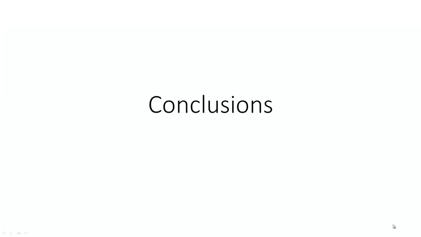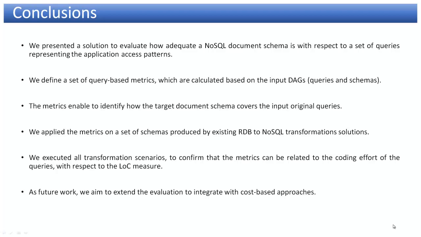And finally, conclusions. We presented a solution to evaluate how adequate a NoSQL document schema is with respect to a set of queries representing the application access patterns. We defined a set of query-based metrics which are calculated based on the input DAGs, queries, and schemas. The metrics enable us to identify how the target document schema covers the input queries.